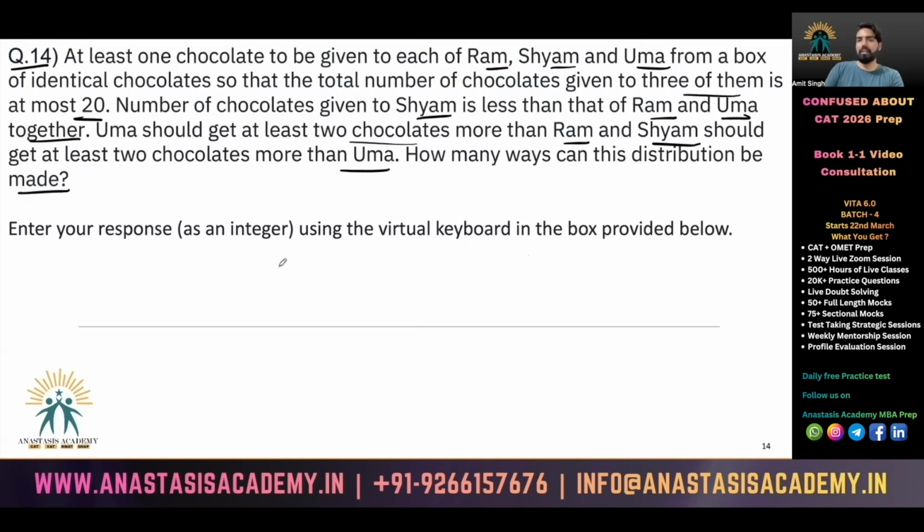Can you see? Uma should get at least two chocolates more than Ram, and Shyam should get at least two chocolates more than Uma. So Shyam should get the highest number of chocolates, then Uma, and then Ram. Ram should get the lowest number of chocolates, right?